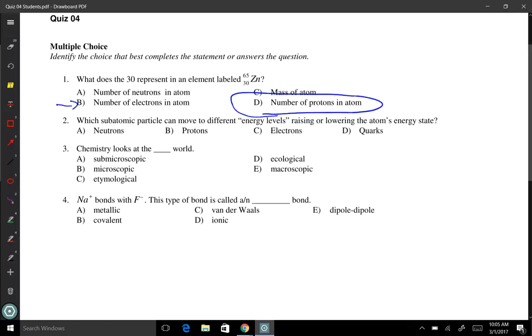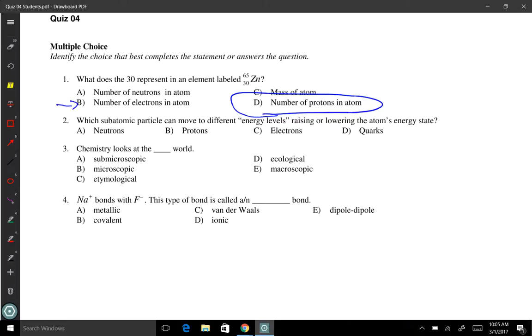If it's neutral, then the number of electrons will also be equal to the number of protons. And so when I go through and grade, if somebody said the number of electrons, I'll give them partial credit because it's not specifically the number of electrons. That's not what it means. But you can infer the number of electrons if it's neutral.